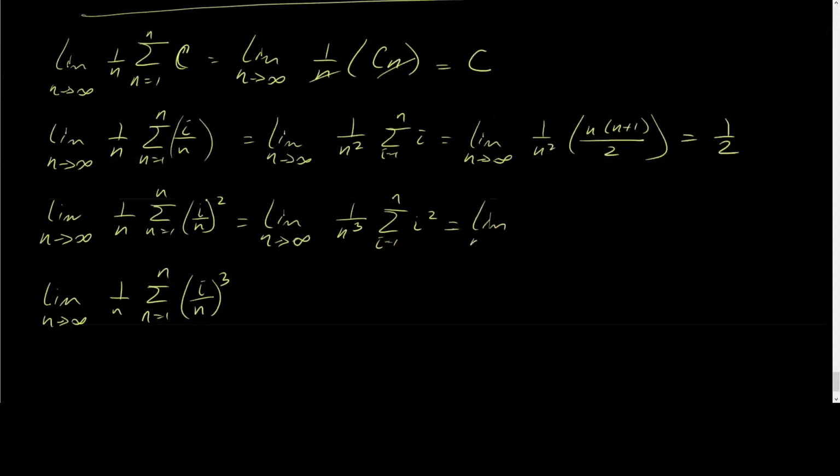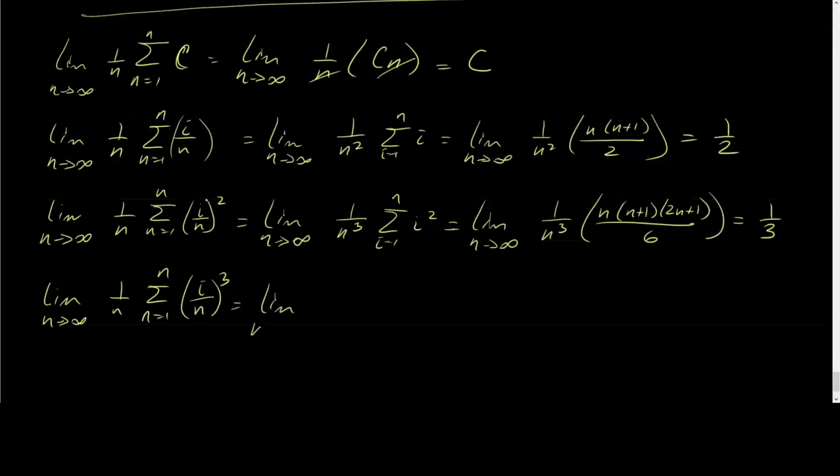So we have the limit as n goes to infinity of 1 over n cubed times n times n plus 1 times 2n plus 1 over 6. This piece, when we have 1 over n cubed with that, will always go to 1/3. Again, I'll let you figure out the step in between. Essentially, distribute the entire top and multiply the top and bottom by 1 over n cubed.